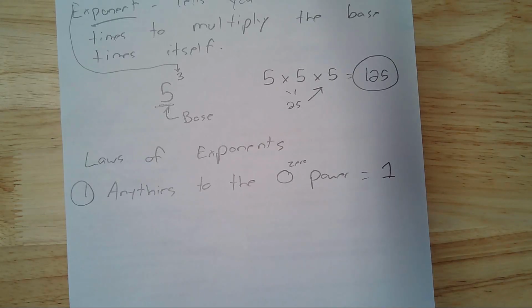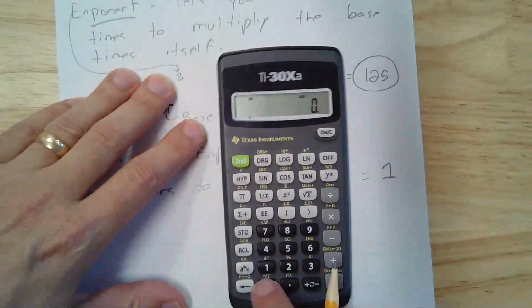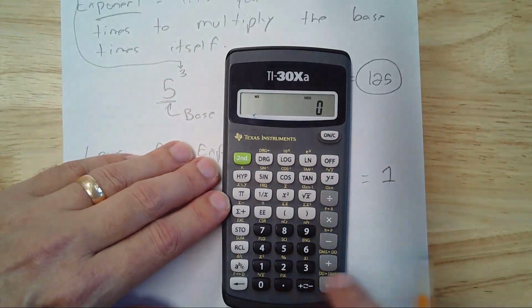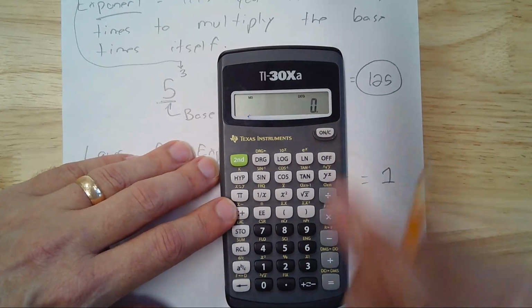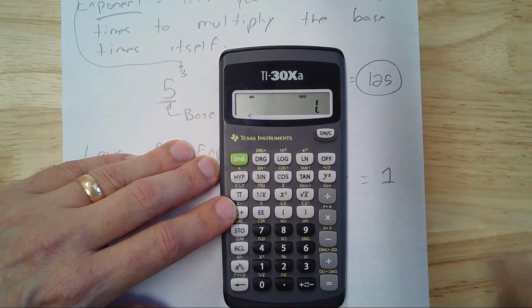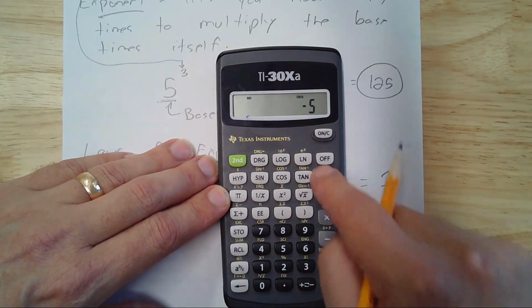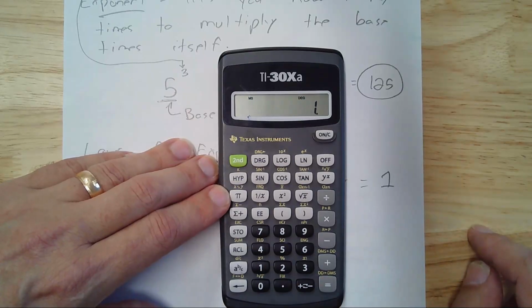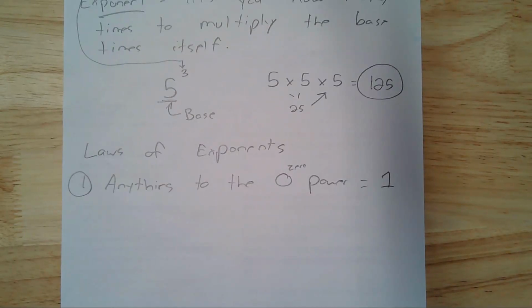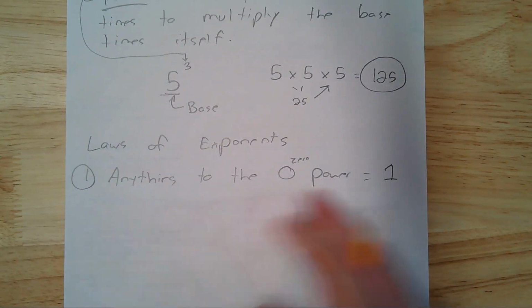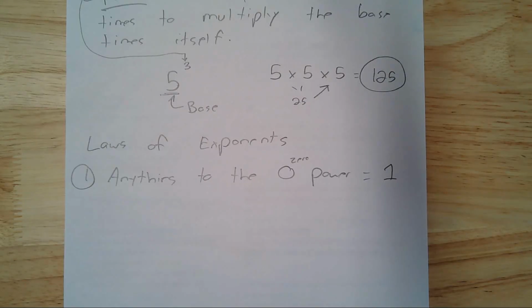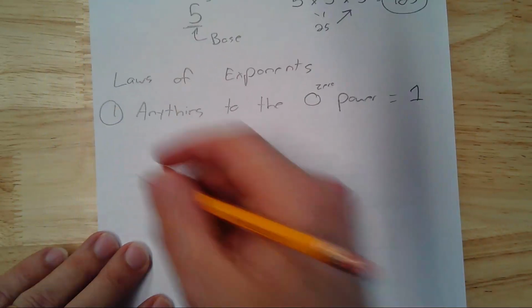What is 0 to the 0 power? Error. But anything else is 1. Okay? Anything else is 1. Doesn't matter what I put there, except for 0. Not possible. So for all practical purposes, anything to the 0 power equals 1. Anything. All right, there's law 1.